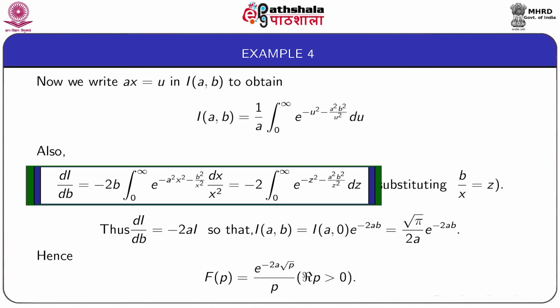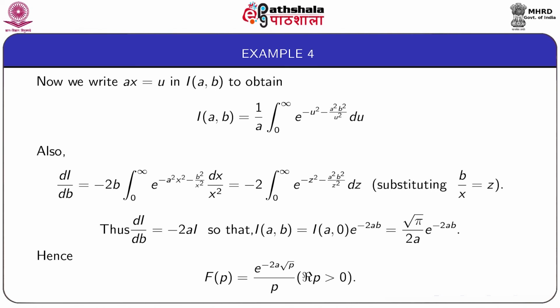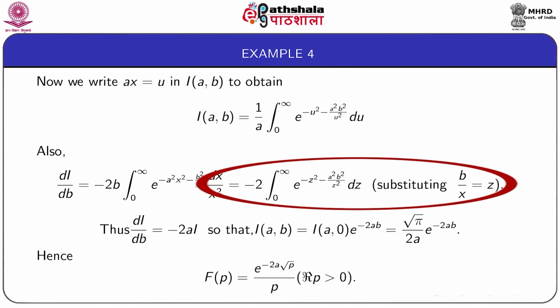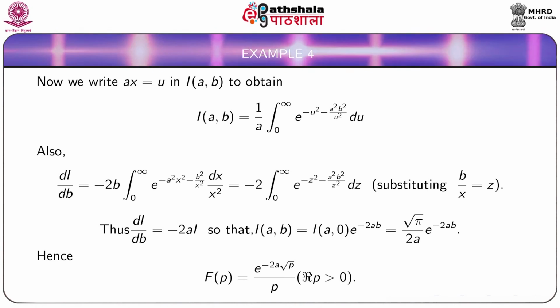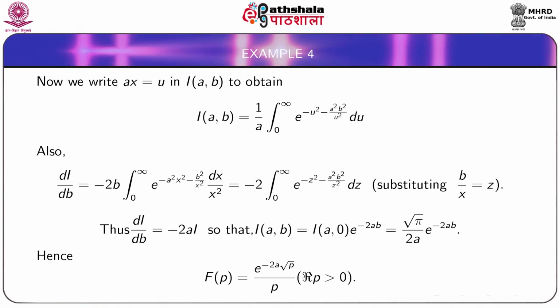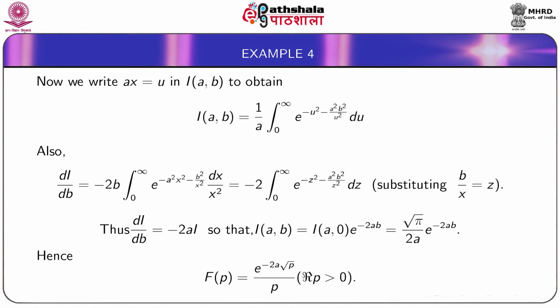dI/db is equal to −2b times the integral from 0 to infinity of e^(−a²x² − b²/x²) dx/x². Now substituting b/x as z, this integral becomes equal to −2 times the integral from 0 to infinity of e^(−z² − a²b²/z²) dz.